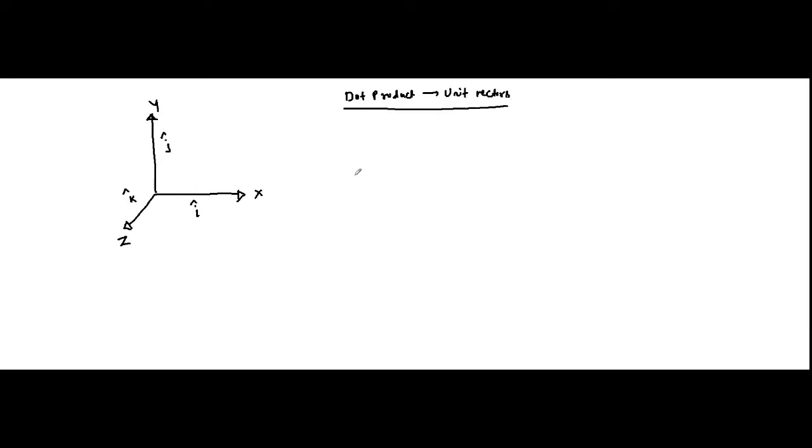So let us say i cap, the unit vector along the x axis. The dot product of i cap with itself can be written as magnitude times magnitude times cos 0 degree, because they are in the same direction.